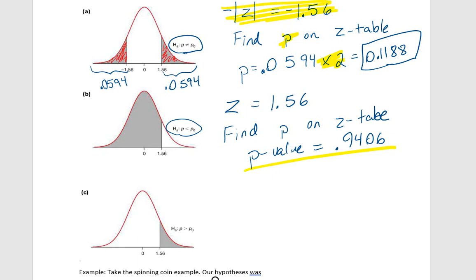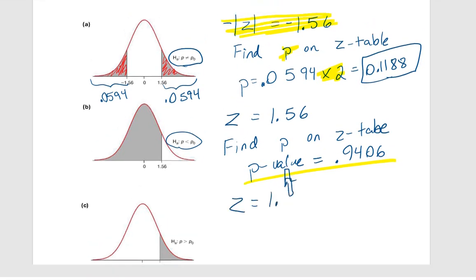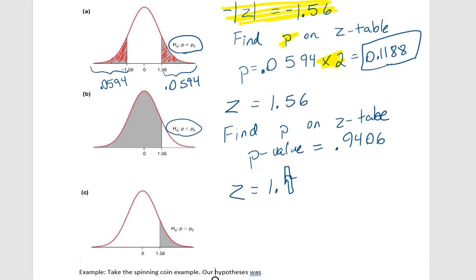Now, on the next one, we're going to do the same thing, so leave z alone. Find the p-value.